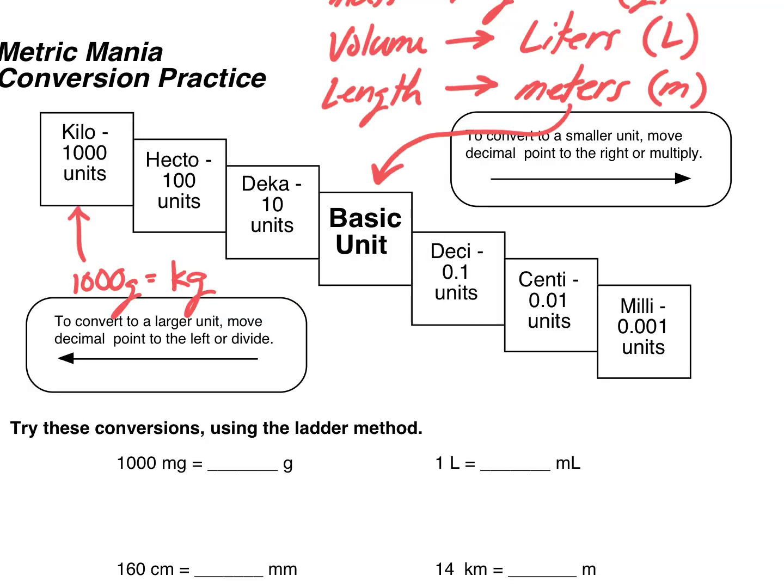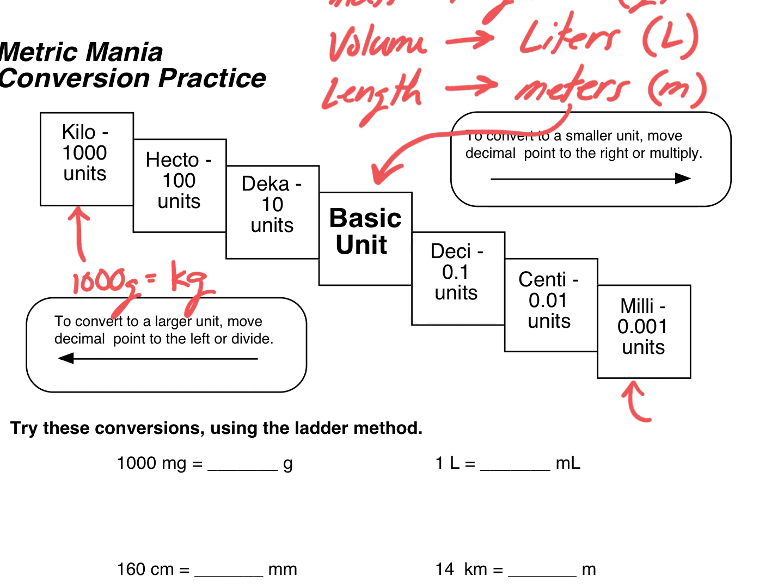Let's say I was measuring the mass of a very small object. Let's say a grain of salt. I might use the prefix milli to describe that mass. Okay, a milli is 1,000th of a unit. So 1 milligram would be 1,000th of a gram.